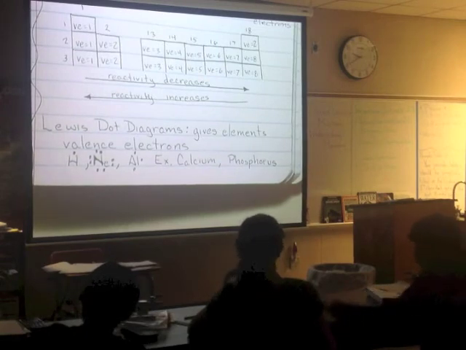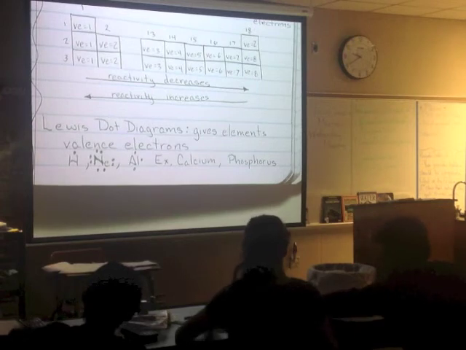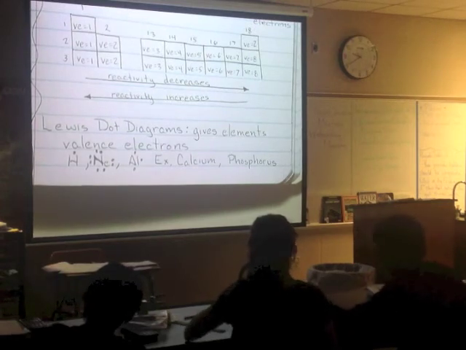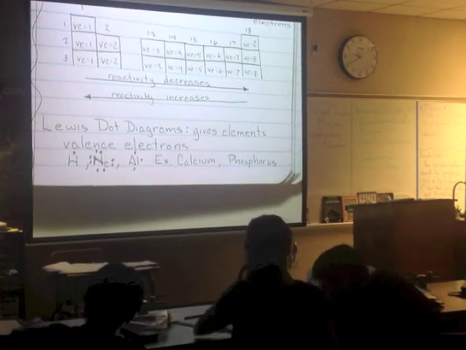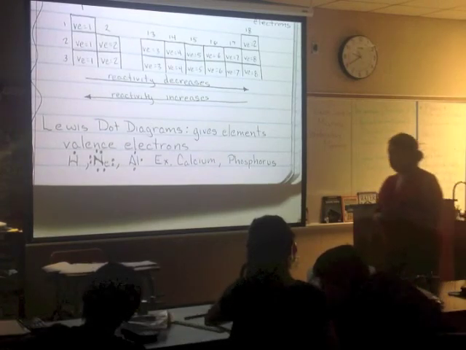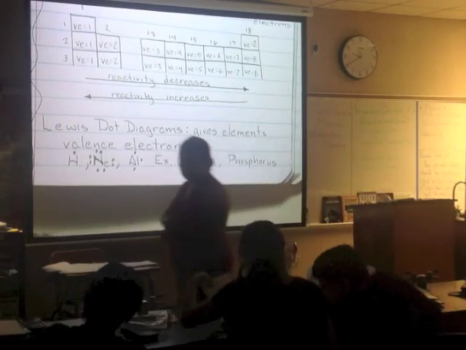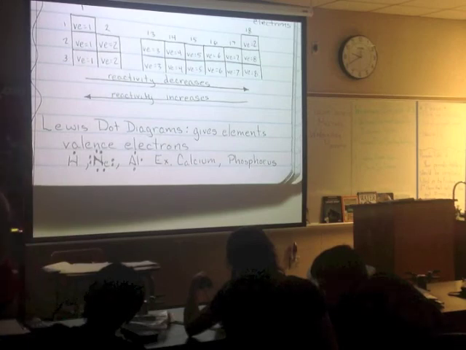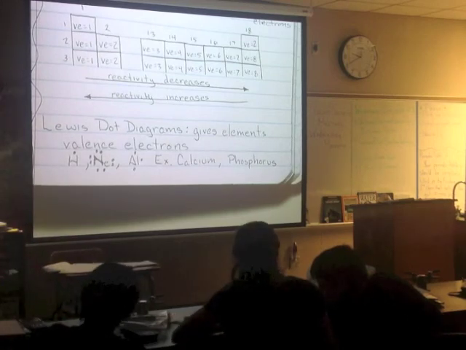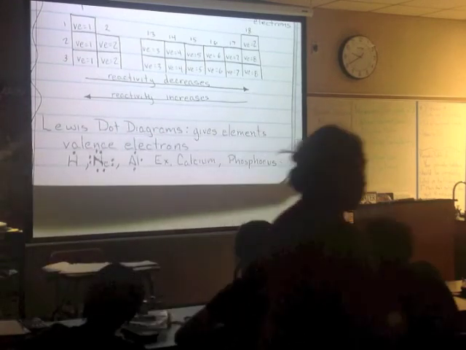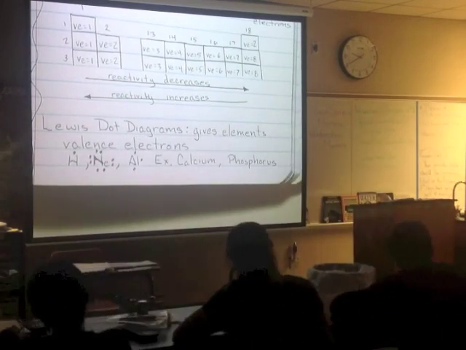So you need to find out first the symbol for calcium. Then you can look at the group to tell you the number of valence electrons. And then you draw the dots. And then you find phosphorus. Find the symbol for phosphorus. Look at the group.